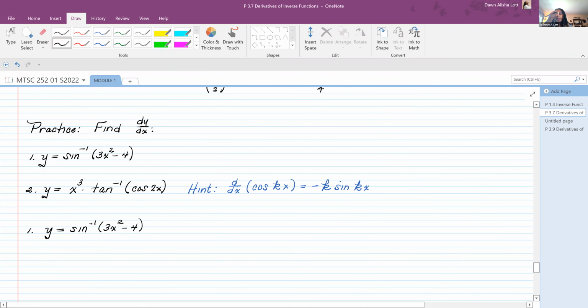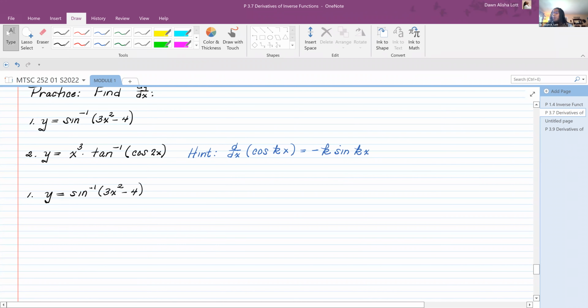Okay, so u is 3x squared minus 4. So when I take the derivative of the sine inverse of that, I'm going to get 1 over exactly what Mikhail said. 1 over the square root.